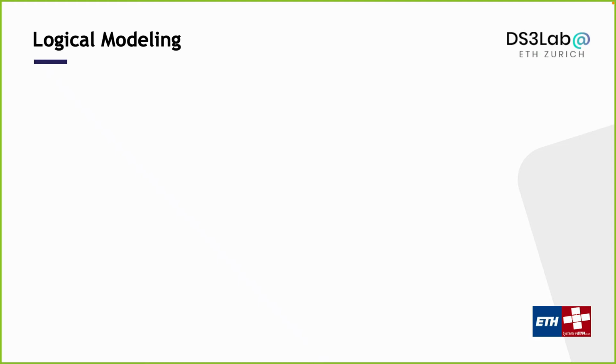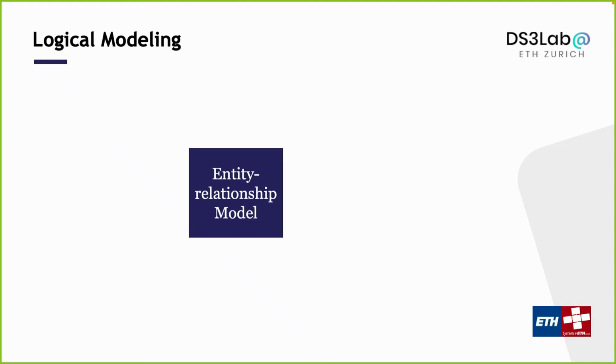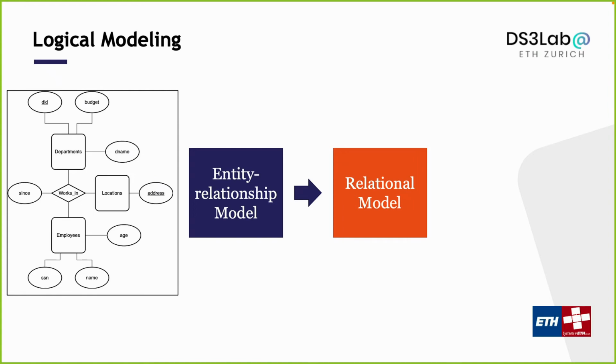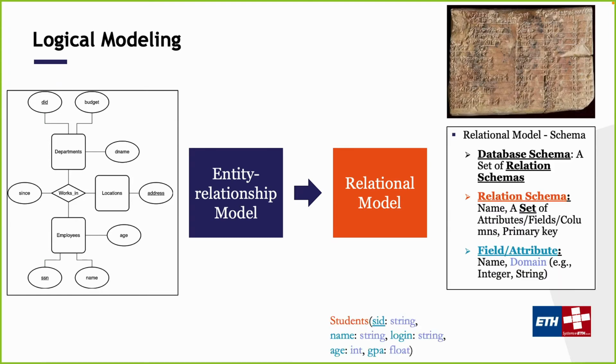In this stage, you already have your entity relationship model, which is this diagram, but we want to translate that into a relational model, such that you can implement it inside your relational database. Essentially, we want to understand the process that takes this diagram as input and outputs a relational schema. There are many different ways you can do it, and we want to understand which is a good way, which is a bad way, and how to think about it.